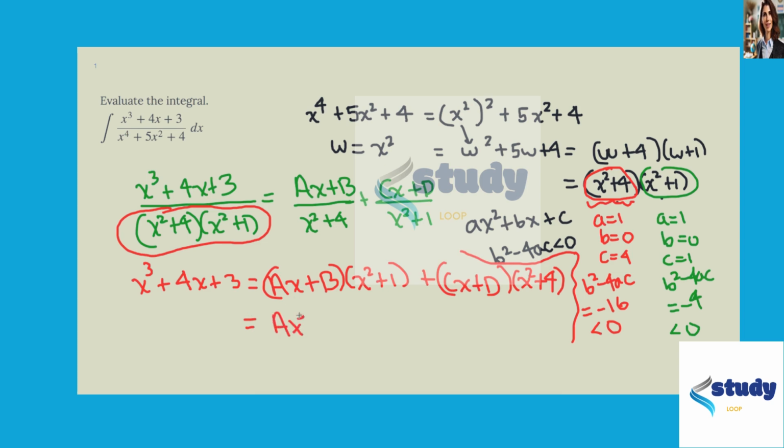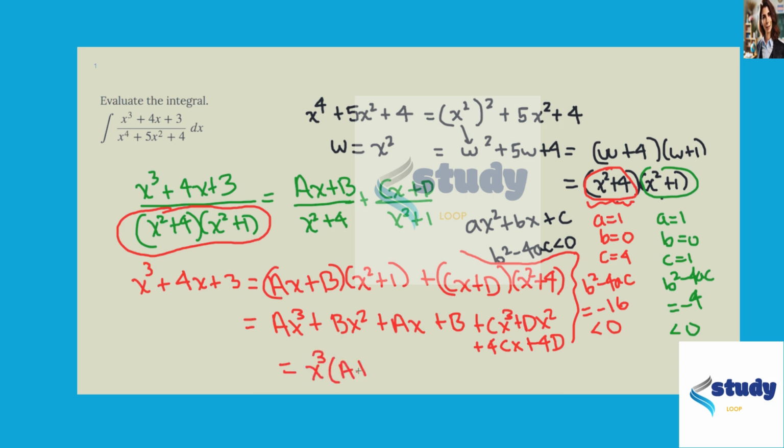Ax cubed, bx squared, ax, b, and then for the second one, we have cx cubed, dx squared, plus 4cx plus 4d. And then the last thing to write here is to just factor out x cubed.